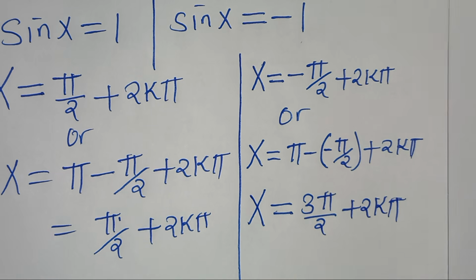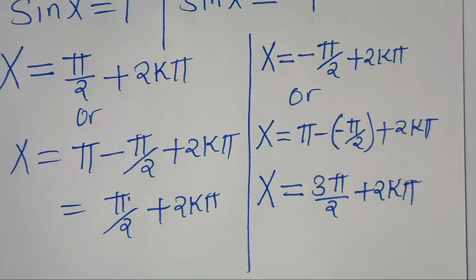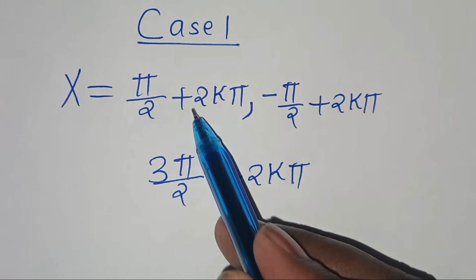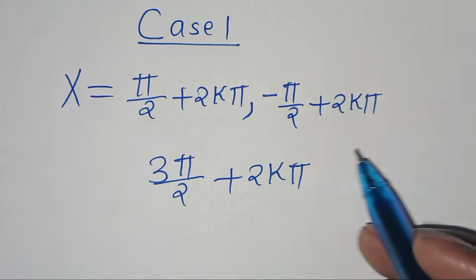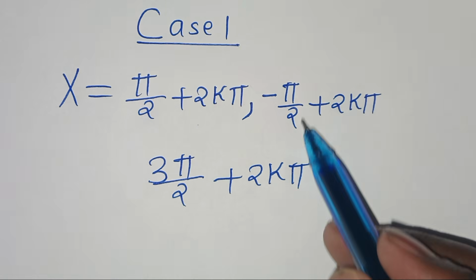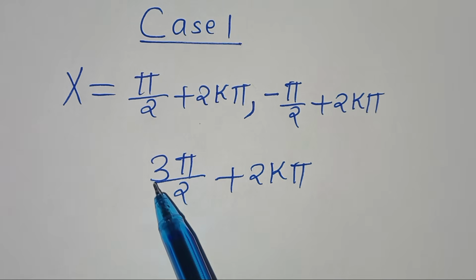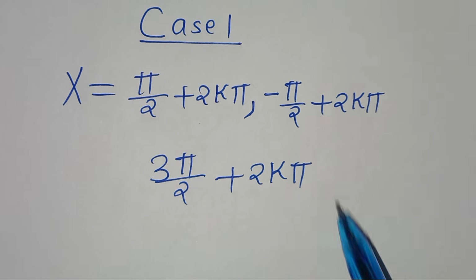Let's proceed to case 2 from here. In case 1, we have x equal to pi over 2 plus 2k pi, then minus pi over 2 plus 2k pi, or x is 3 pi over 2 plus 2k pi.